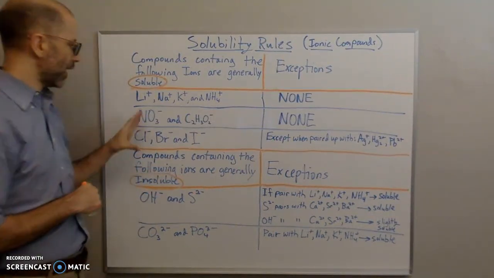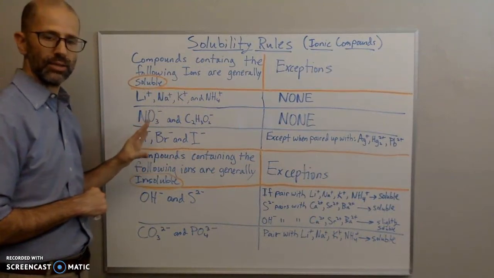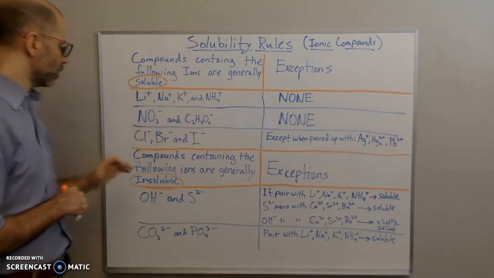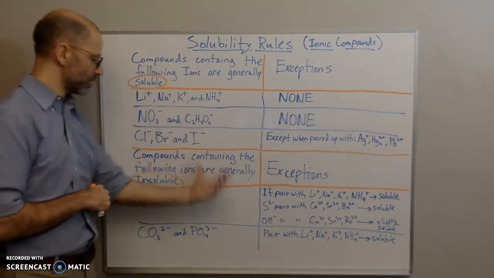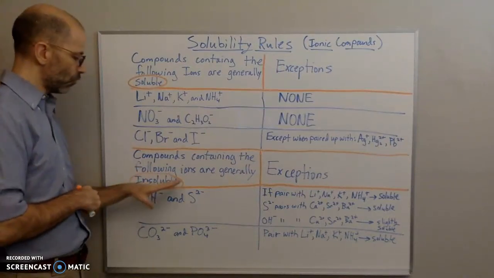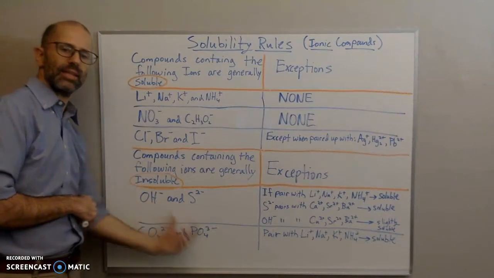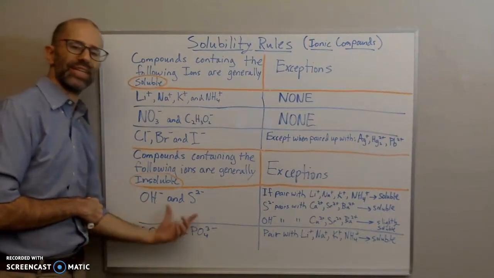All right, so that takes care of the generally soluble ions and their compounds. What about the compounds that contain the following that are insoluble? So from below here, these are going to deal with compounds that are going to be generally insoluble.